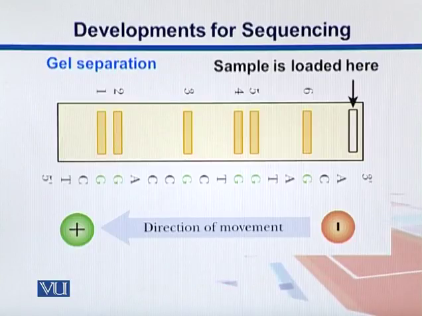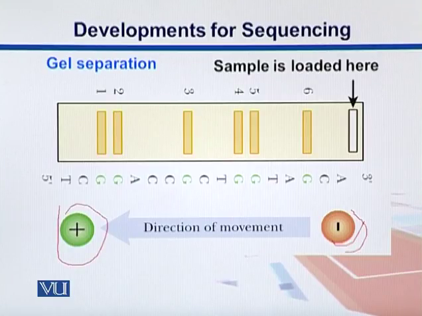Gel electrophoresis is another important technique that has contributed a lot to genome sequencing. We take those different size fragments of the DNA and separate them on an agarose gel. Here, for instance, is the shape of the gel. We provide an electric current to the mixture, and since DNA is a negatively charged particle, it runs from the negative to the positive charge.